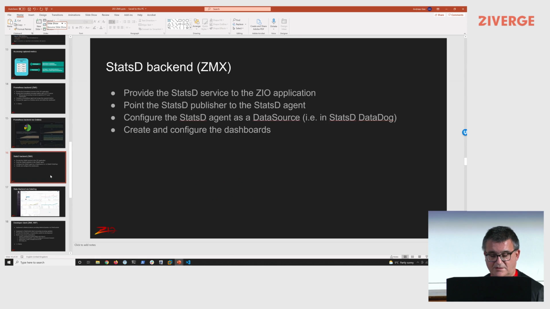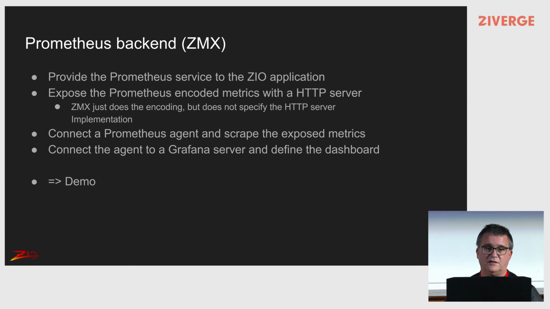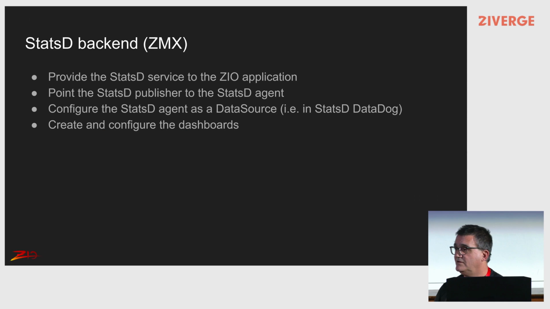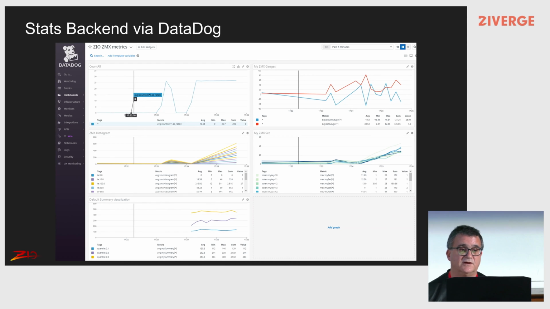In the code I've shown you, you've seen that we have also plugged in the statsd backend. I'm not going to show it in a live version, but I've created a Datadog account for myself, and on another machine at home I installed a Datadog agent that captures the updates and updates the dashboard.